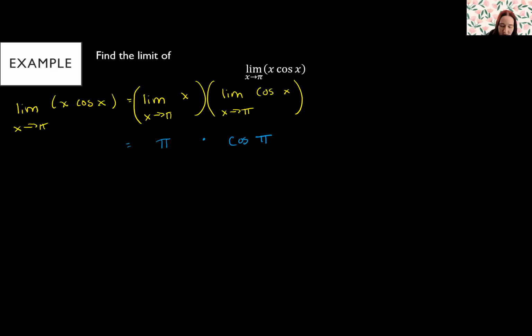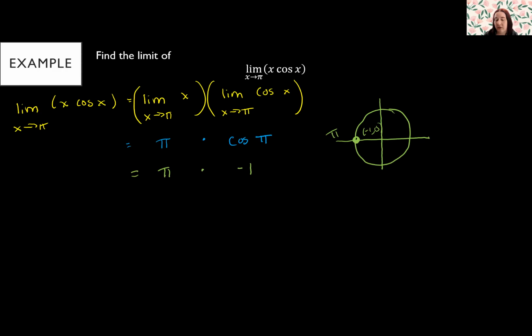If you don't have it memorized, a cheat sheet with these common angles will be really important. I always go back to my unit circle. On the unit circle, pi is the angle where the ordered pair is (-1, 0), and cosine is always the x value. So I know that the cosine of pi is equal to -1.